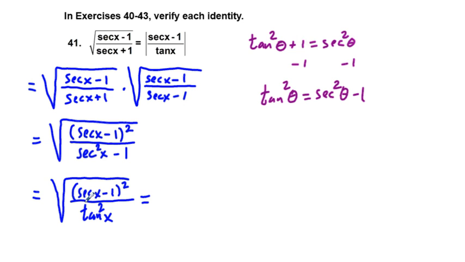Well, what we can do is, taking the square root of the numerator and the denominator, the square root of this numerator is going to be secant x minus 1, and the square root of the denominator is going to be tangent x.